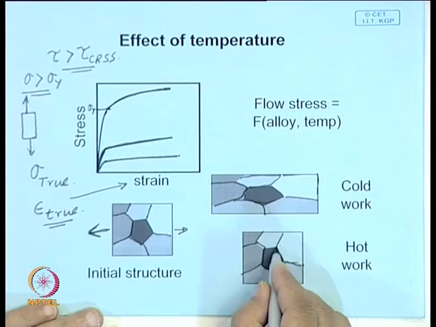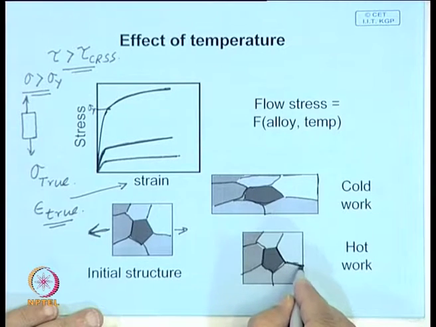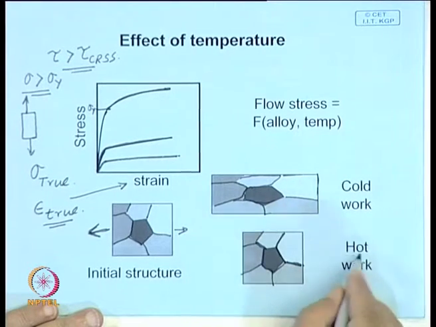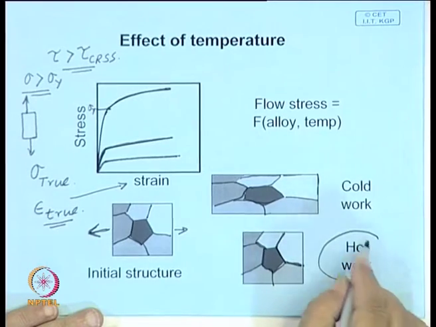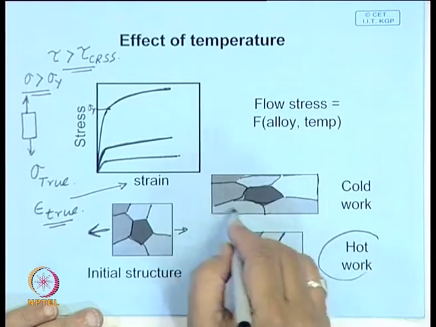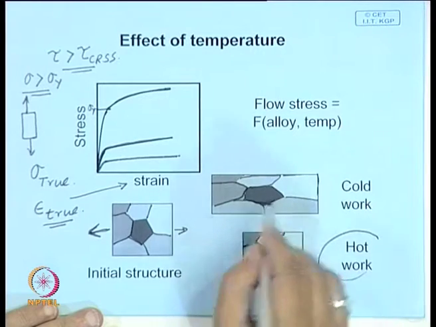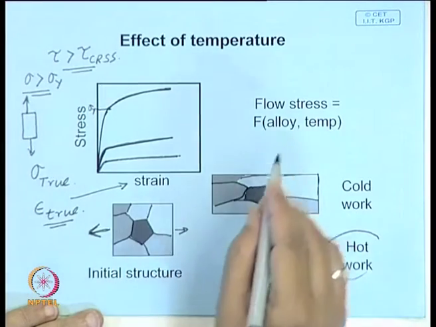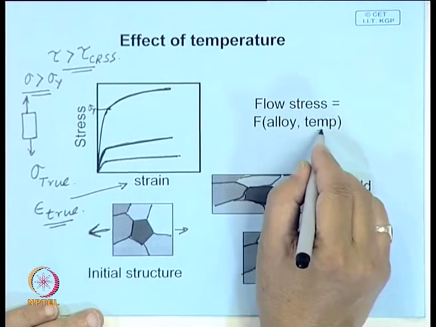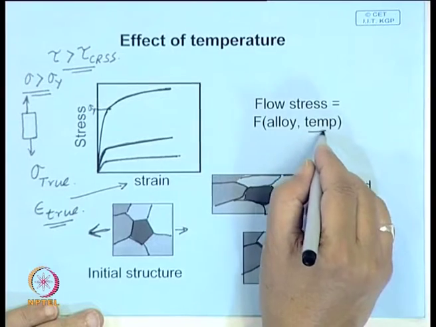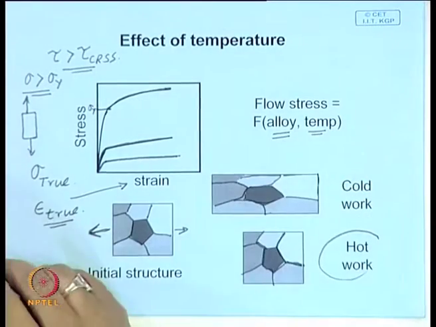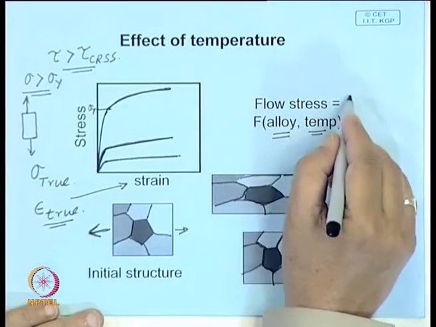So, something happens during the deformation processing, so that after working you still get a similar equiaxed structure, whereas if you cold work you will see these kinds of elongated grains. And it will also depend on the temperature at which you are giving the deformation, and on the alloy you are working with.